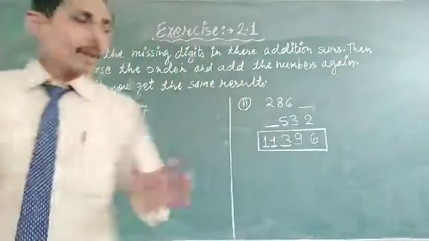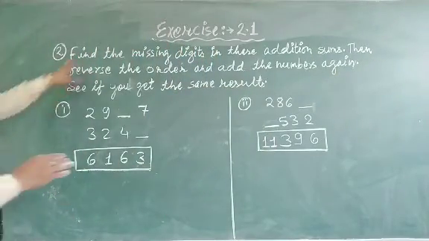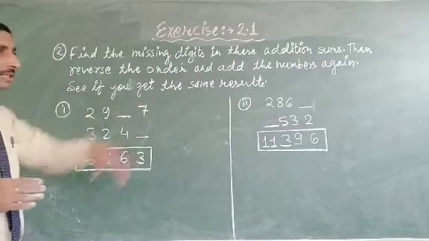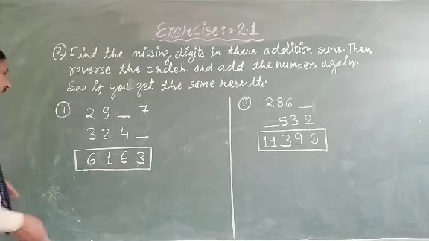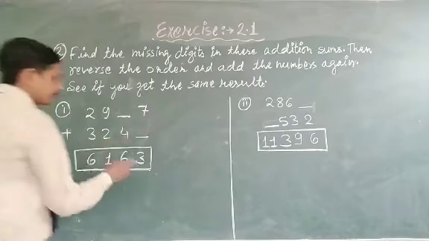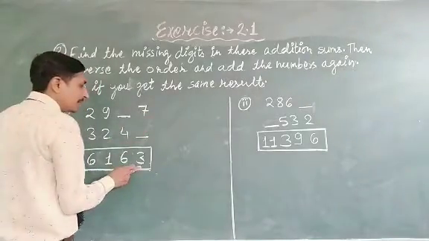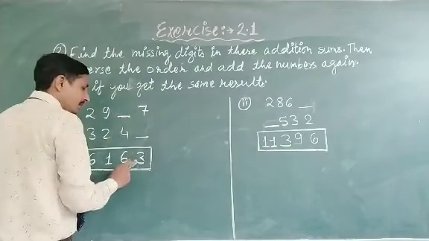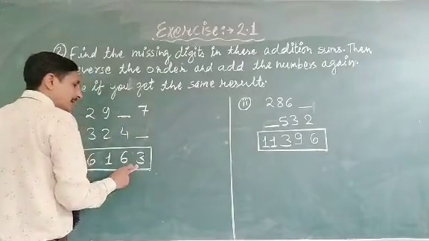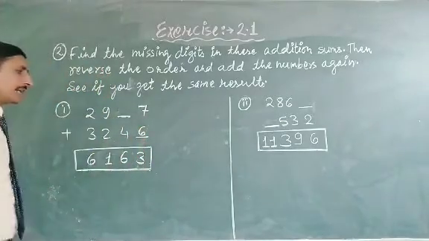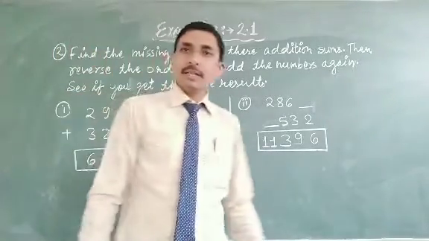For this, first of all, we have to find the missing digits in this addition sum. Here the answer is 3. So how much is added to 7 to get 3? That is 6, because 7 plus 6 equals 13.